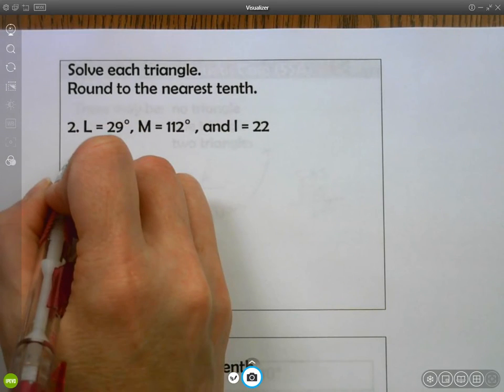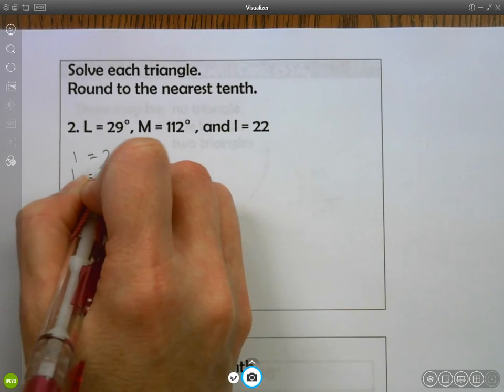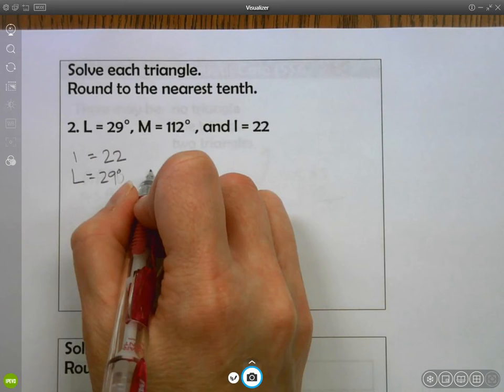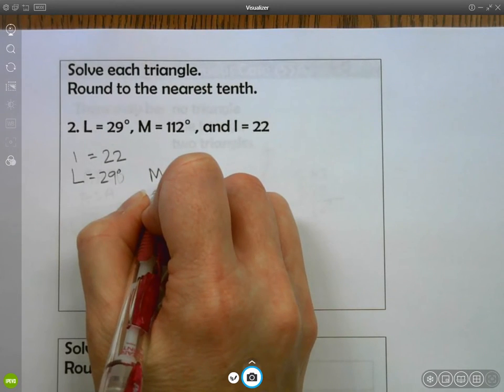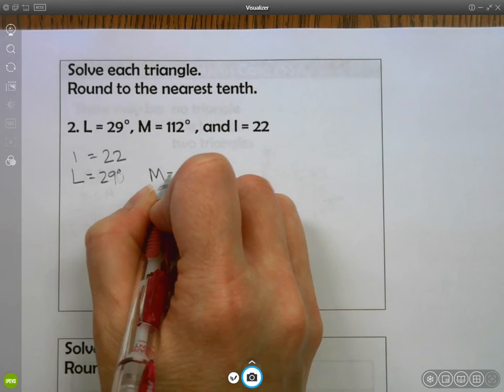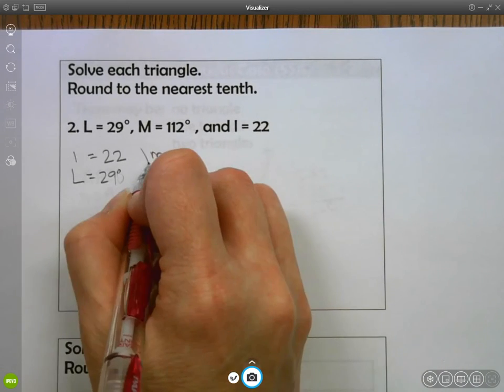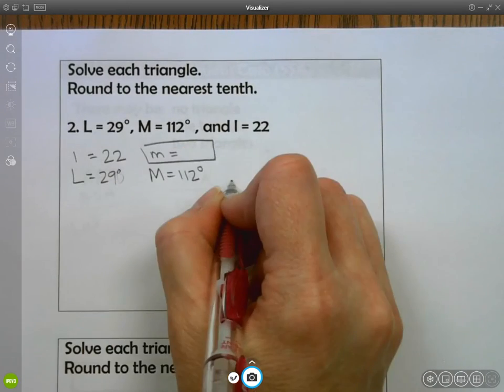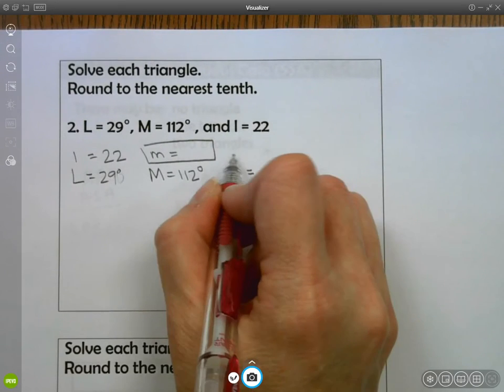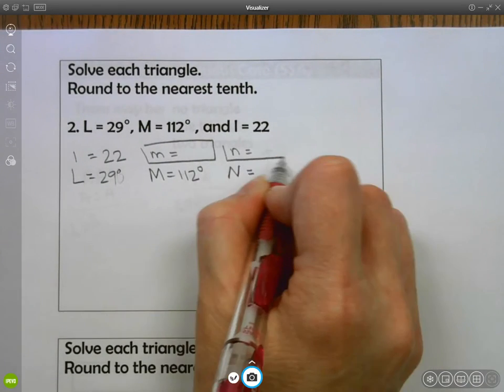We know that little l is 22. We know angle M is 112 degrees. So we're going to have to find a little m. I'm going to assume that n is the next that we have to find.